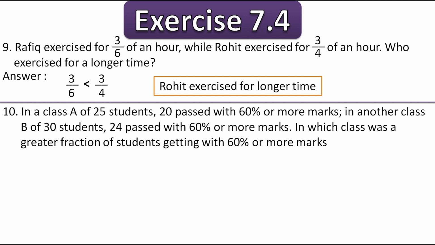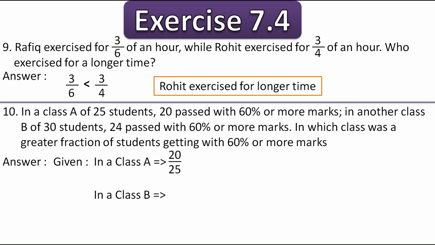Okay, so for that we will write the fraction of class A. In class A, we have the fraction as 20 upon 25, because out of 25 students, 20 students passed with 60% or more marks. Okay, and in class B, 24 students out of 30 students.